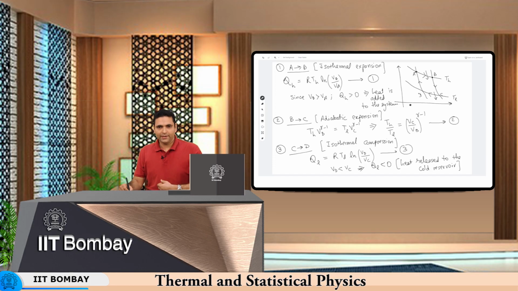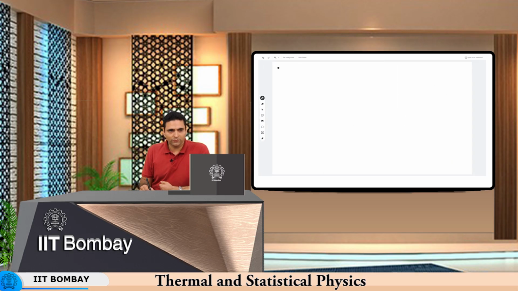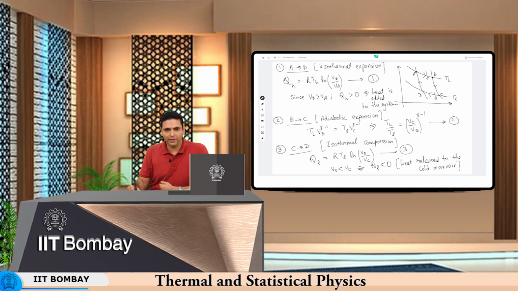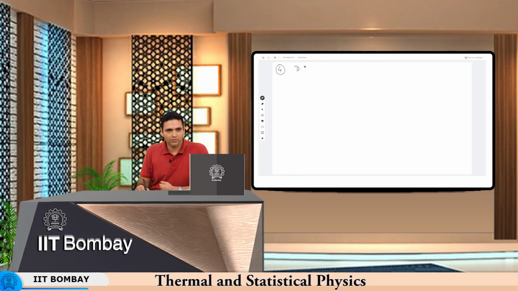Now we can also do the fourth step, which is going from D to A, and this is an adiabatic compression. Again we can write the relationship as follows.